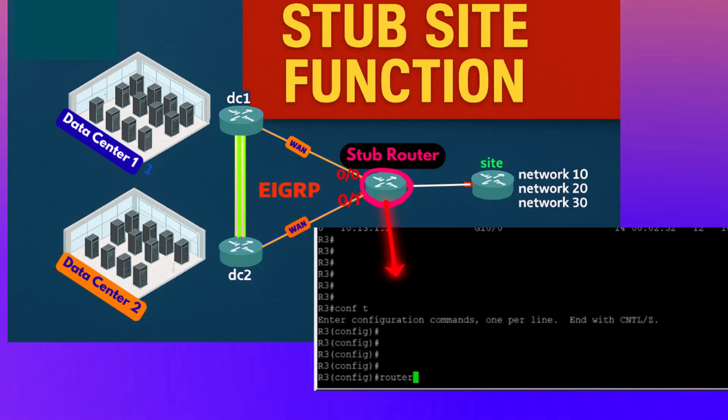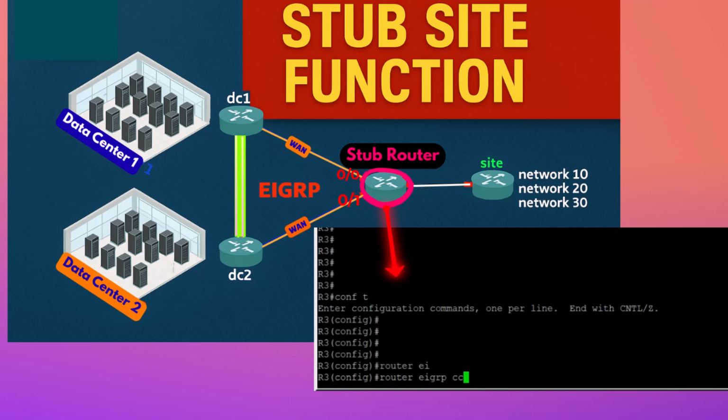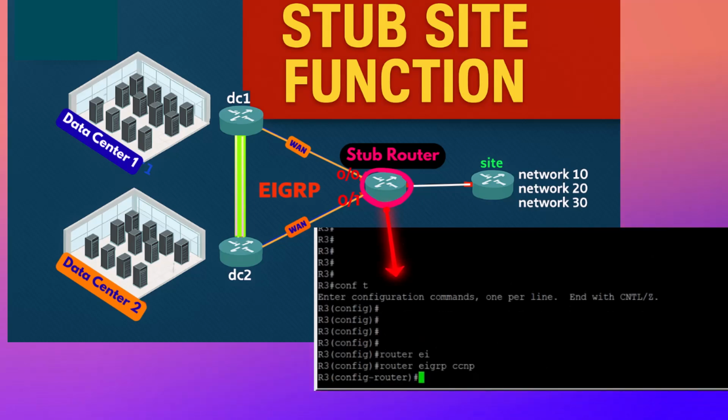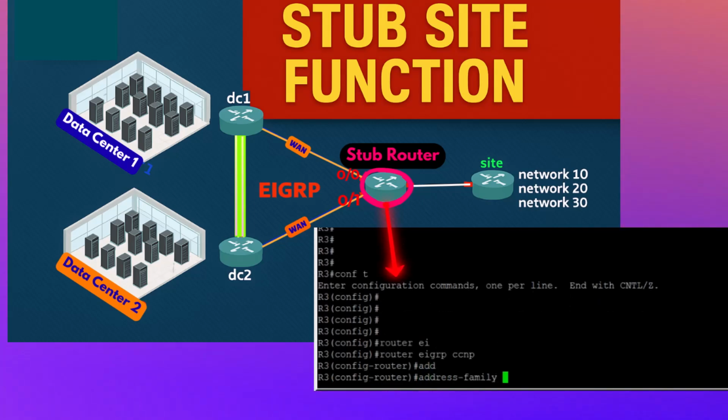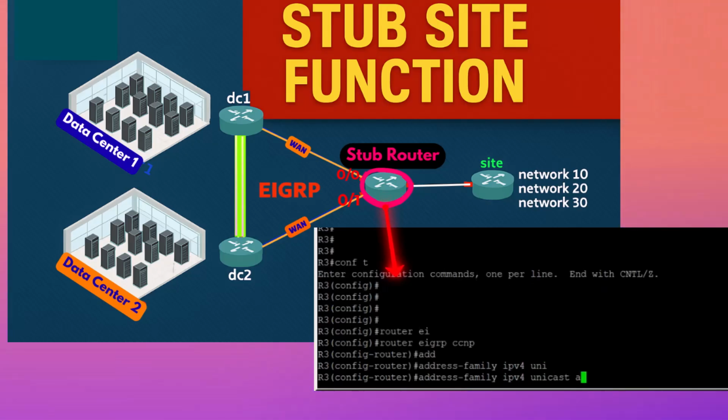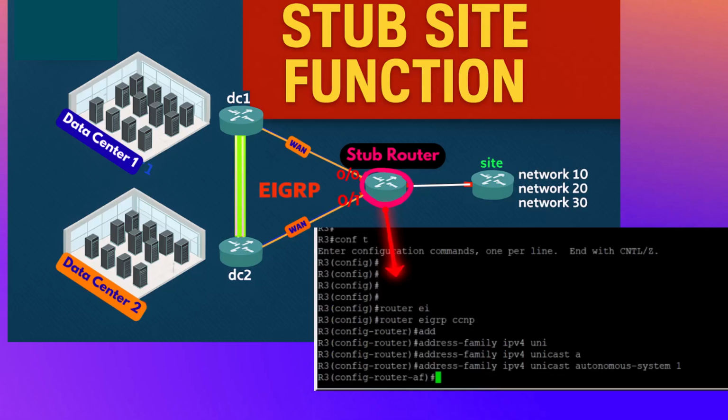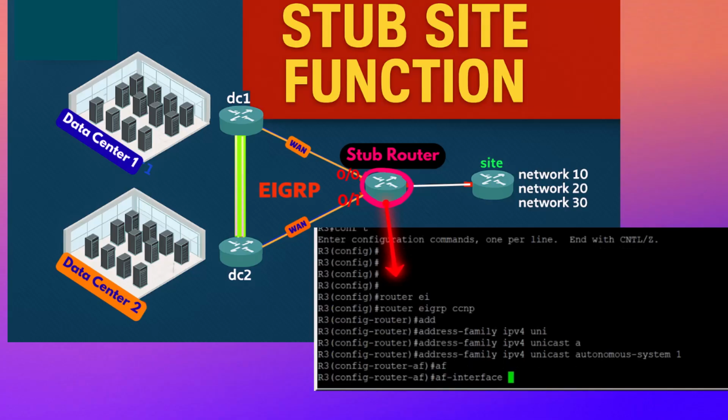We get into EIGRP router with the name CCNP, for example, and then with the autonomous system number 1, and then we have to get into the interfaces that are connected to our data centers.